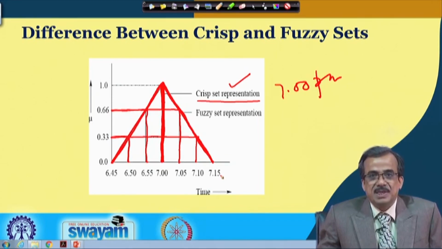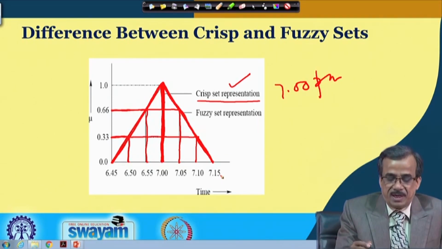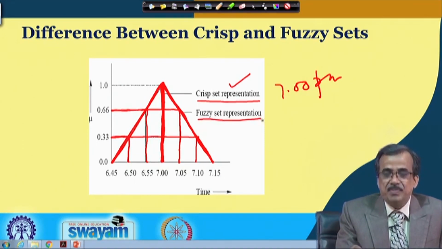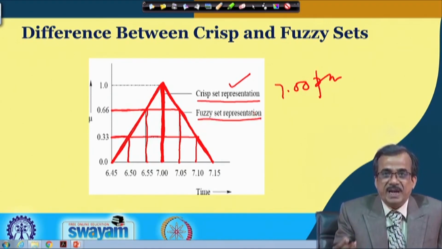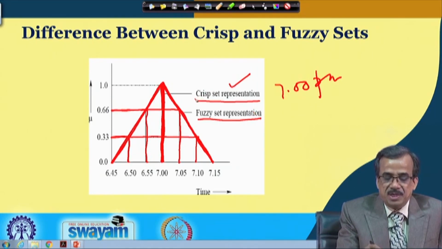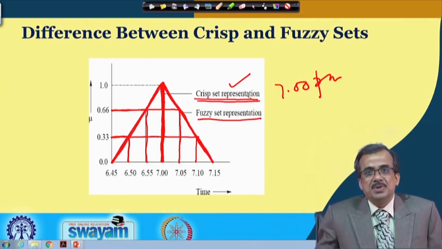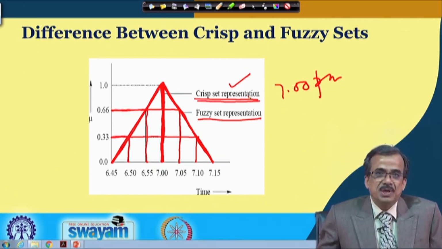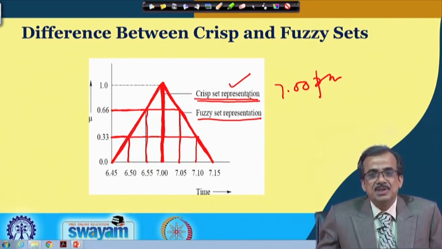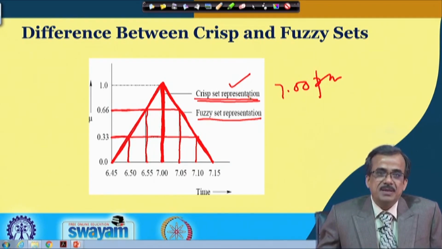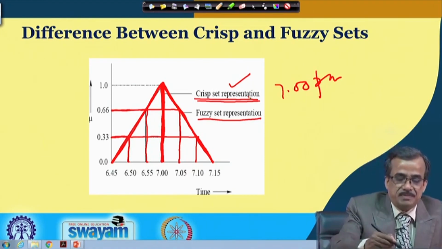So, let me conclude that fuzzy set representation could be more practical compared to the crisp set representation for 7 p.m. I hope you have understood the difference between the representation of crisp set and fuzzy set.